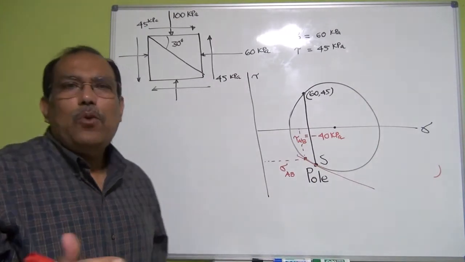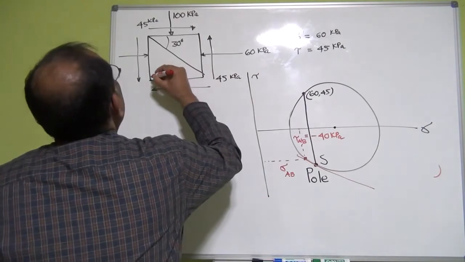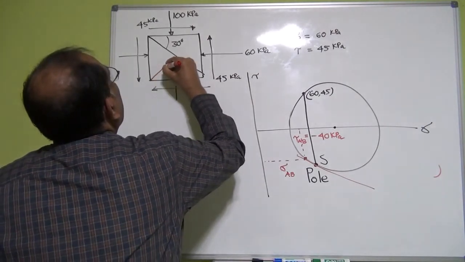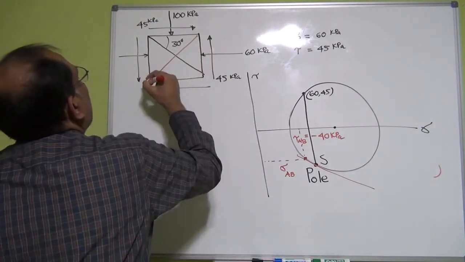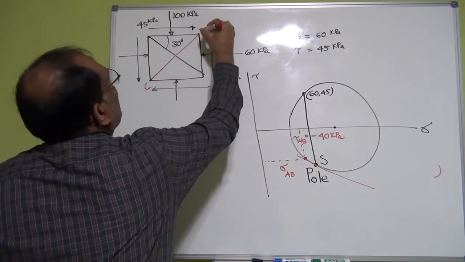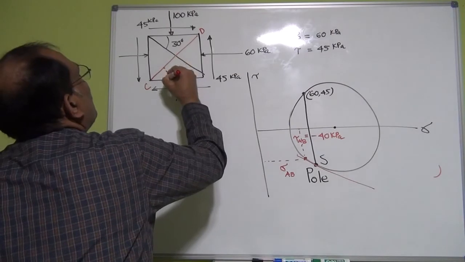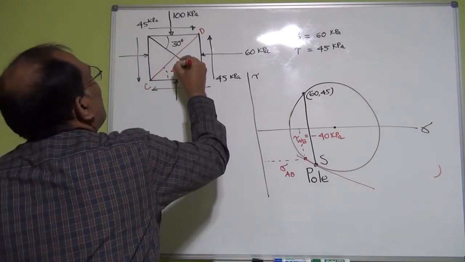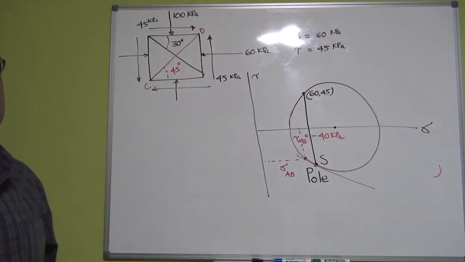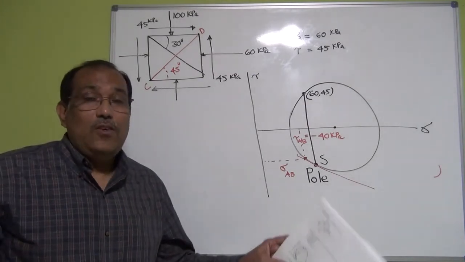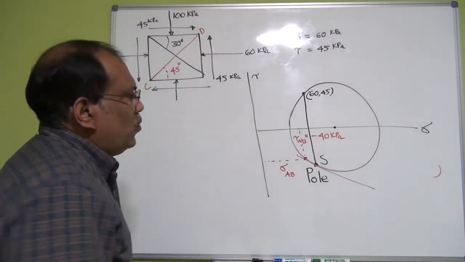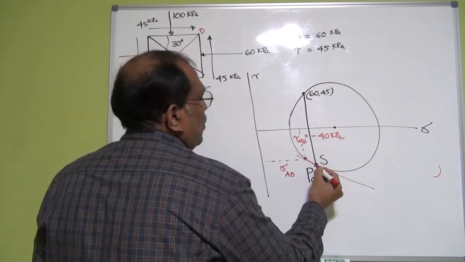Okay, for example, let's say I'm trying to find the shear stress and normal stress at plane CD. Let's say it's 45 degrees. It's not in this problem, I'm just trying to explain it to you. Here is your pole.